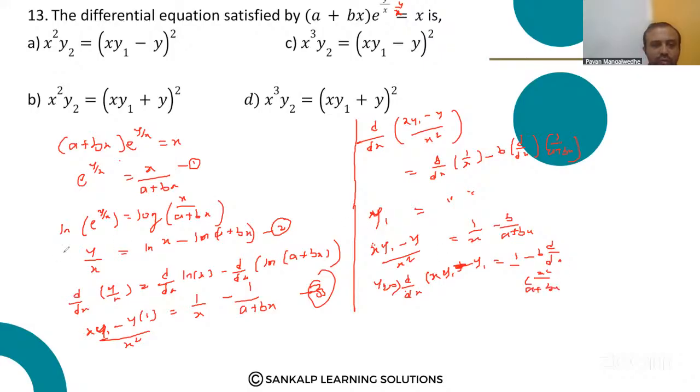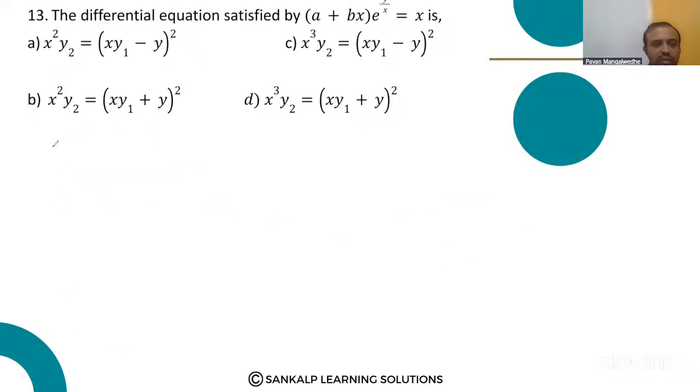Further resolving this, xy2 plus xy1 minus y1 is equals to 1 minus b into d by dx of x square by a plus bx. So this can be written as xy2, which is equals to 1 minus b into a plus bx into 2x.